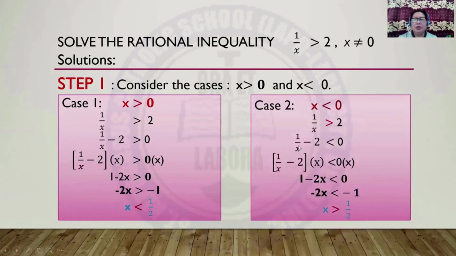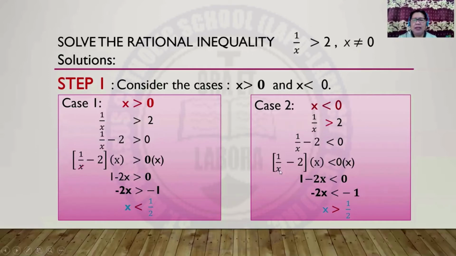Then for case 2, x is less than 0. This is the given 1 over x greater than 2. When you transpose 2 to the other side, you have now 1 over x minus 2. Then change the symbol to less than because case 2 is x is less than 0. Then we have now 1 over x minus 2 less than 0. Simplify the inequality, multiply each member by x.